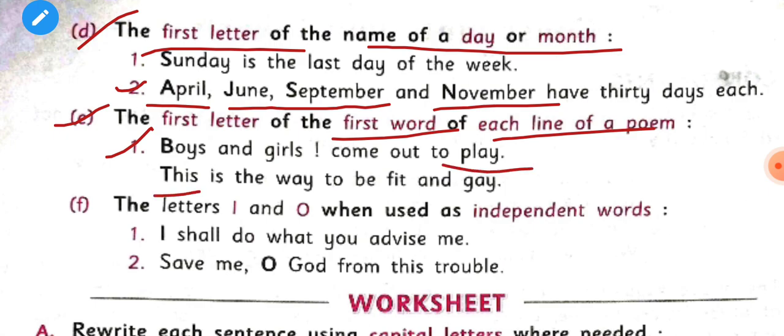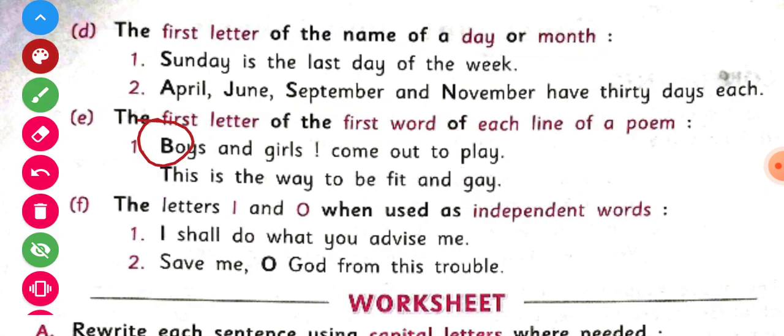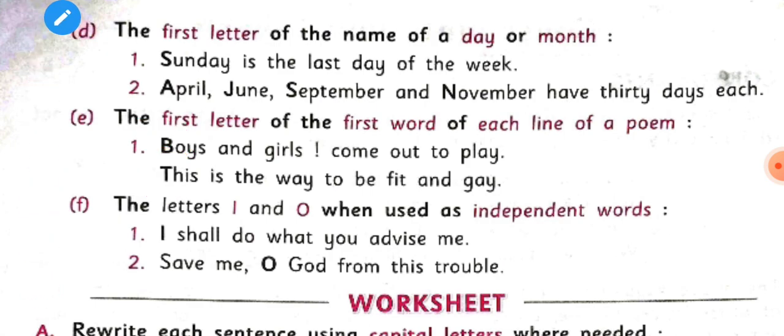This is the way to be fit and gay. In these two lines, we can see that the first letters of every line, here is B and here is T, are capital. So, whenever you write any poem, you have to write the first letter of every line capital.